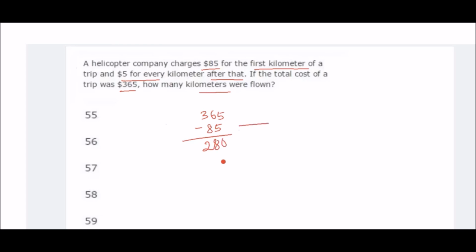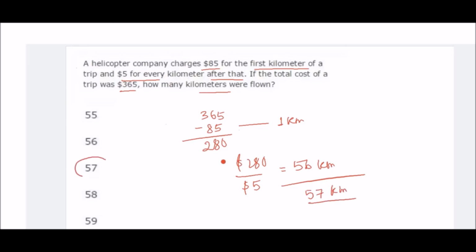So this $85 includes 1 kilometer of travel. So for the remaining $280, we have to find out the number of kilometers. So we divide by the price of each kilometer, that is $5, and that will be 56 kilometers. So the total value will be 56 plus 1, that becomes 57 kilometers. The answer will be option third.